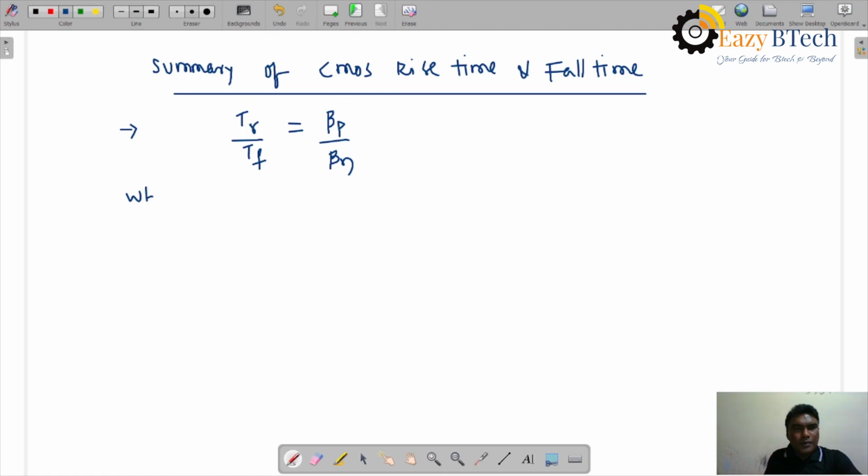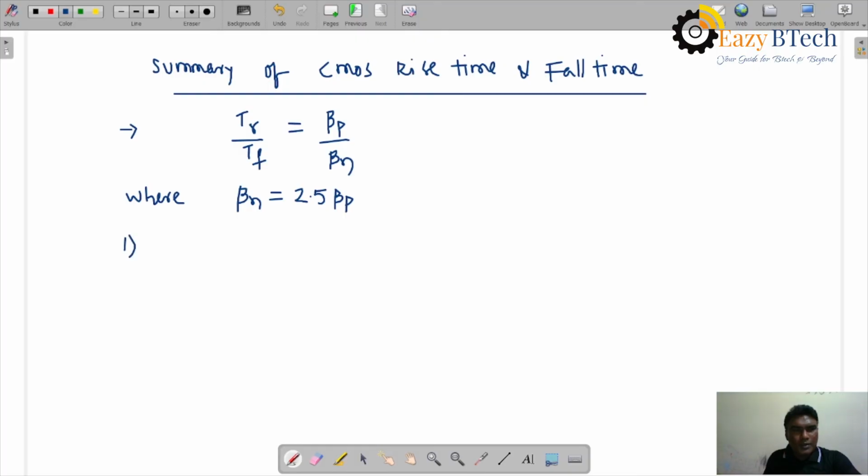Where beta N is equal to, the mobility of charge carriers of n type is faster than that of p type. So the mobility of holes is slow and the mobility of electrons is faster, like mu n is 650 cm squared per volt-second and mu p is 240, which we discussed in the IDS versus VDS relation. So beta n is 2.5 times beta p.